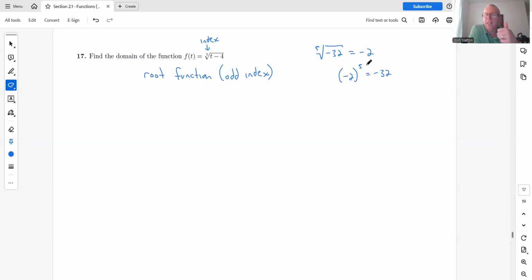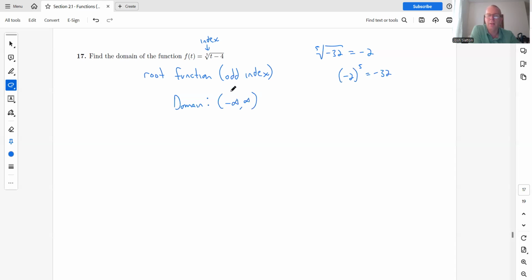You cannot do that with an even one, because an even one has to always be positive. You can't take the fourth root of -32, or -16 would be better, but you can't do that. But with an odd, you can do this. You can take the fifth root of all real numbers.